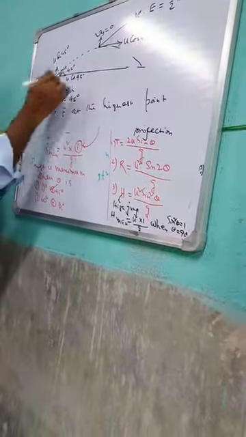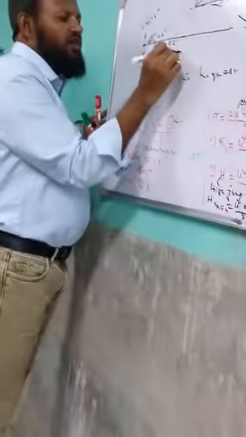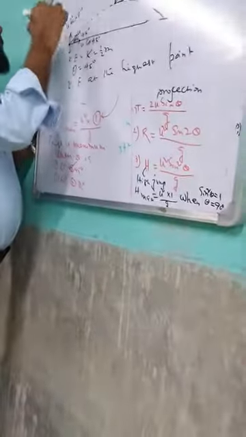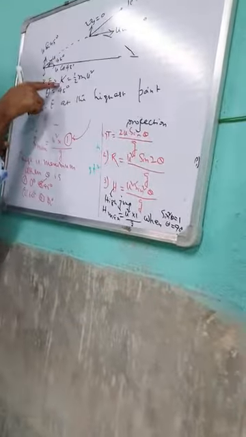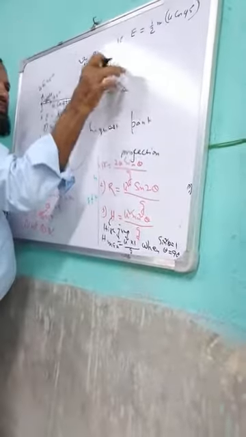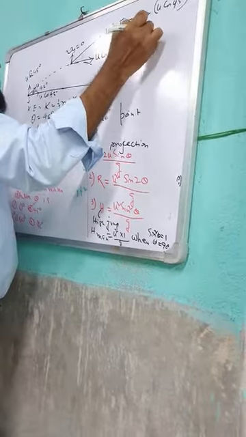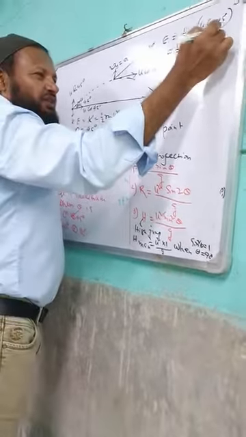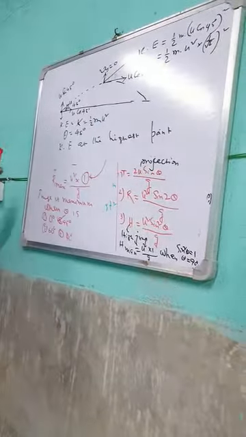Initial kinetic energy K equals half m u square, considering only the projecting velocity. At the highest point it is half m u cos 45 squared, because there is no vertical component. So this is half m u square cos square 45, which is 1 by root 2 whole square.